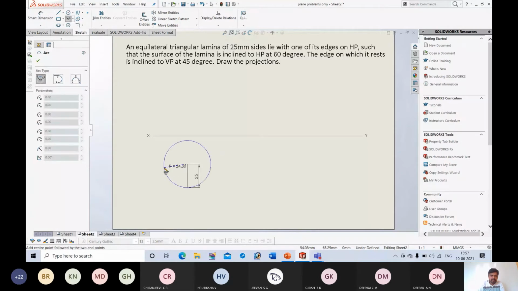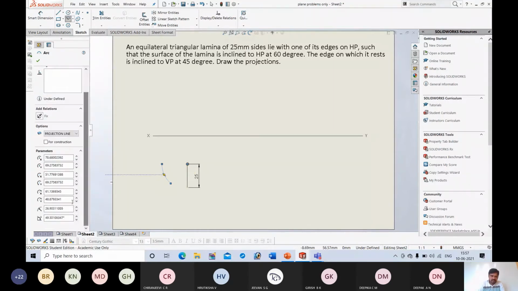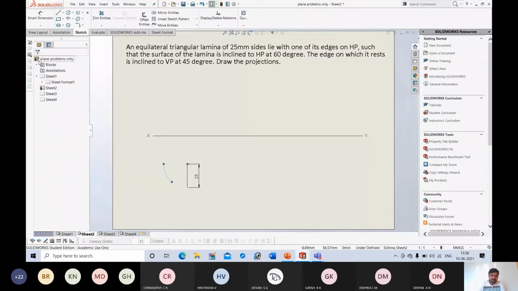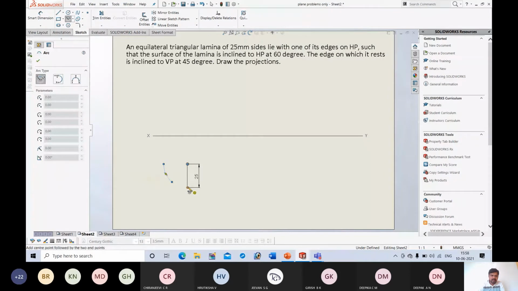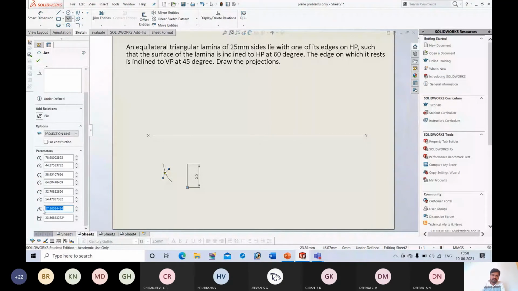Draw an arc by taking this as center, radius will be 25. Next, draw one more arc from this point, radius will be 25. So you should construct an equilateral triangle having 25 mm sides.